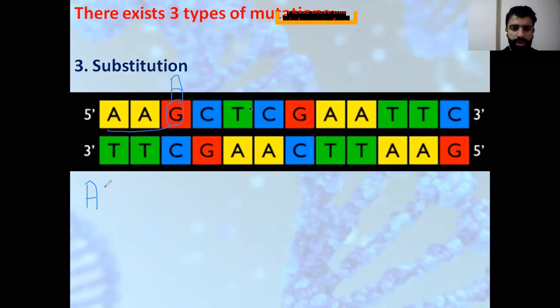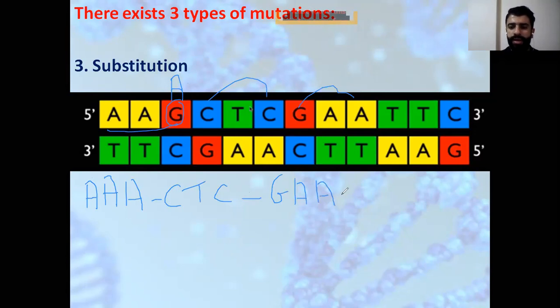The rest is going to be the same. Why? I didn't change anything, so the second codon is going to be CTC. The third codon is going to be GAA. And the last codon is going to be TTC.